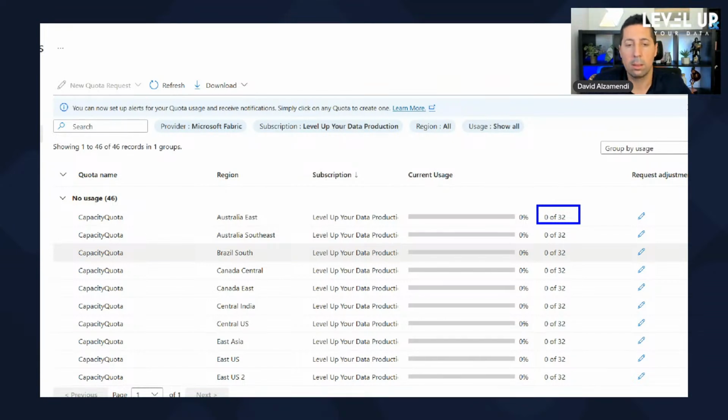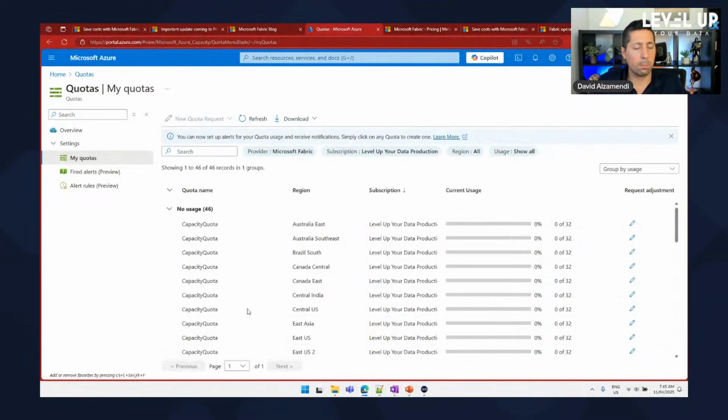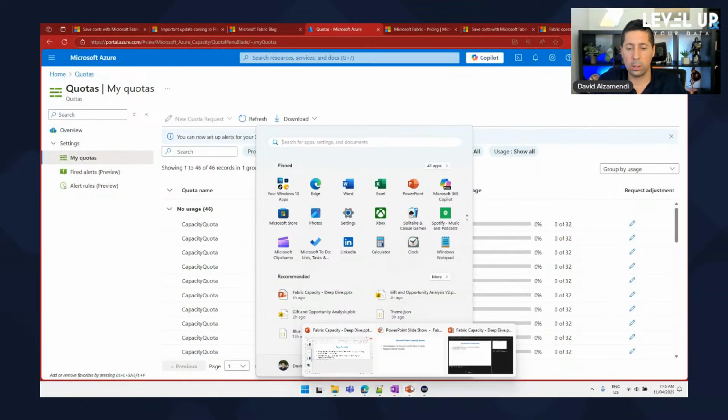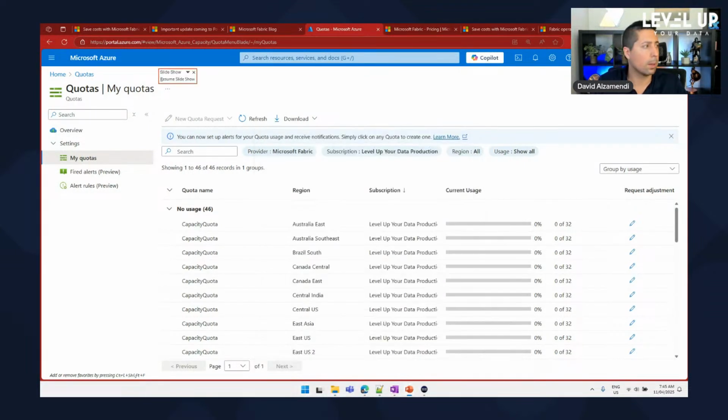So in some cases, if you are thinking about spinning up a really large number of Fabric capacities, maybe you need 10 Fabric capacities because of your business needs or specific use case, you will have to request an increase of the default quotas. This is essentially something new to take into account, maybe not as important until you find out that you cannot spin up another Fabric capacity. And let me show you.